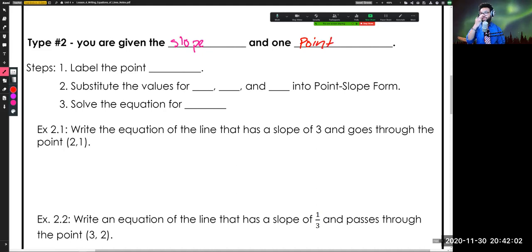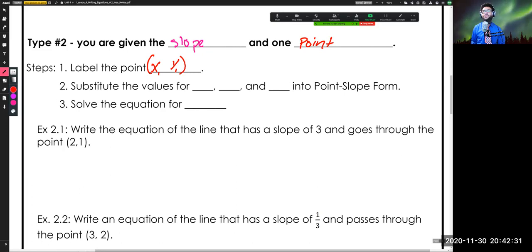So first, we're going to label the point. We're going to label our x's and our y's in the point just to keep us on track. So we're going to have our x1 and our y1. That's our point labeled.